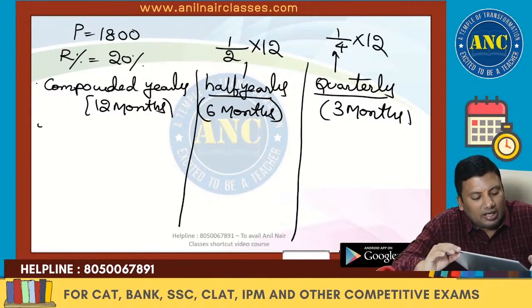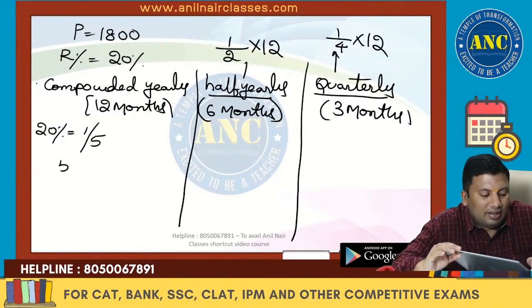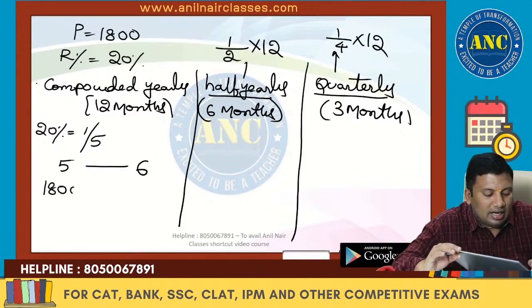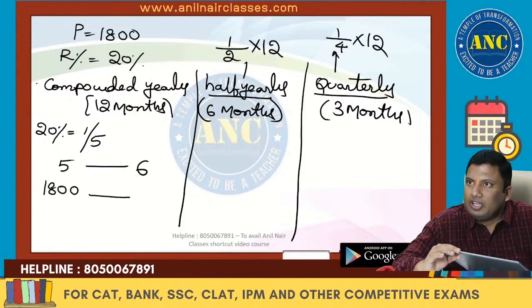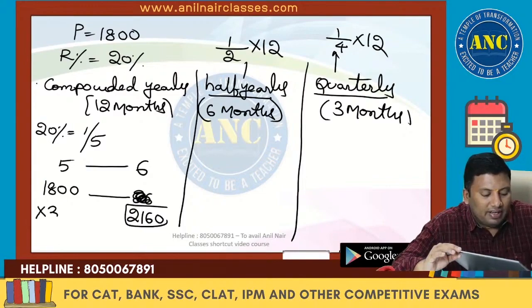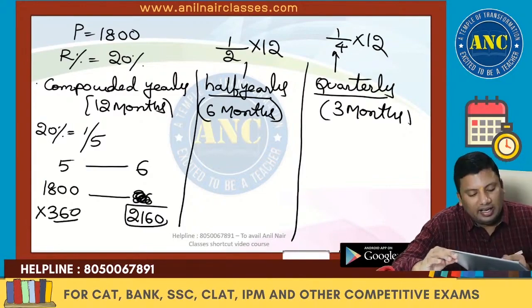For 12 months, 20% is 1 by 5. 5 with one increase is 6. It is 5 into 360 is 1800, and 6 into 360 is 2160.